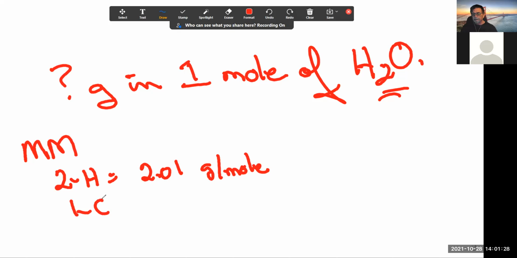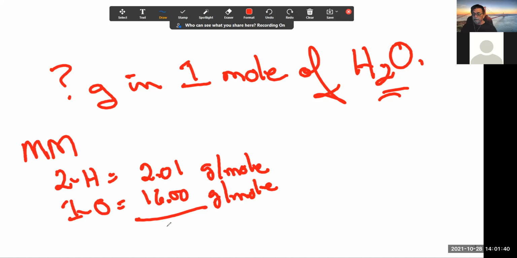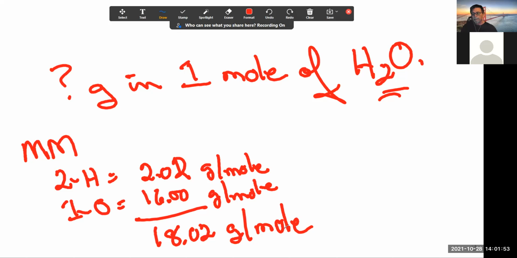And then I got 1 oxygen, which I go to the periodic table, and its atomic mass is 16 even, grams per mole, unit-wise. So the total molar mass of water is, oh, you know what, this is 2.02, 18.02 grams per mole, okay?